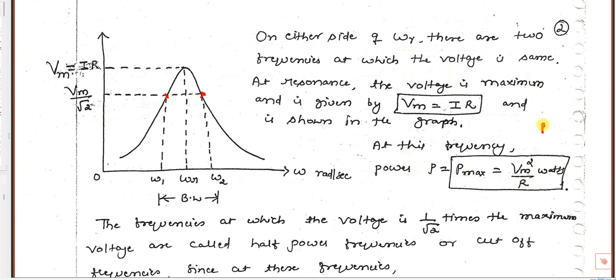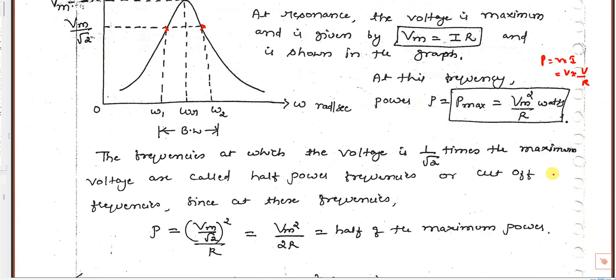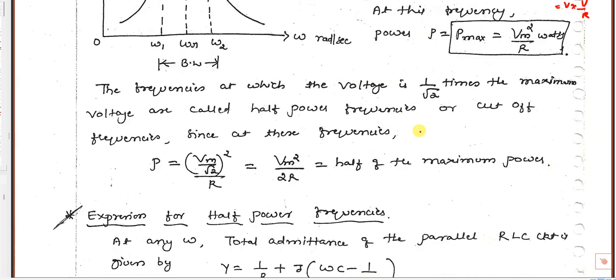So P is equal to V into I. I we can write as V by R, so it is V square by R, Vm square by R. And at F1 and F2, voltage value is 1 by root 2 times the maximum.